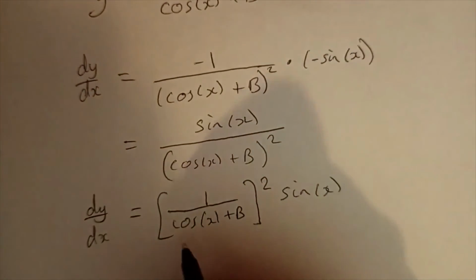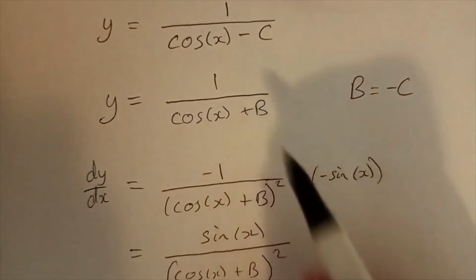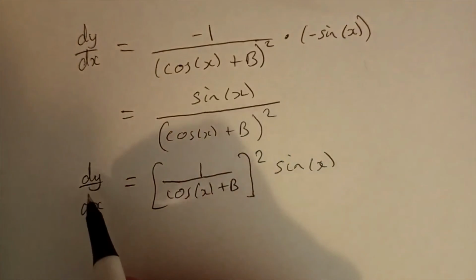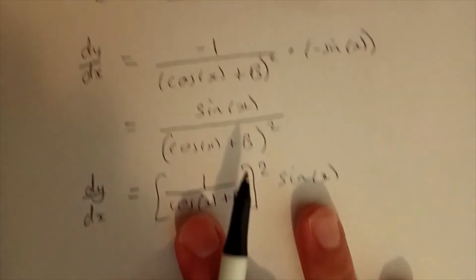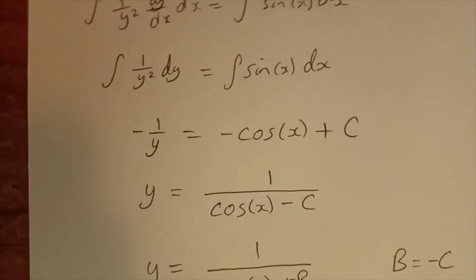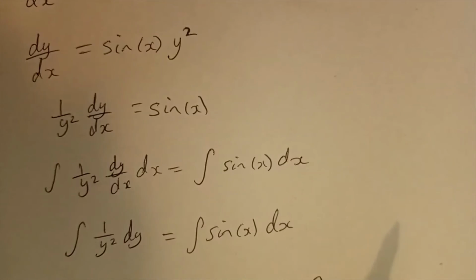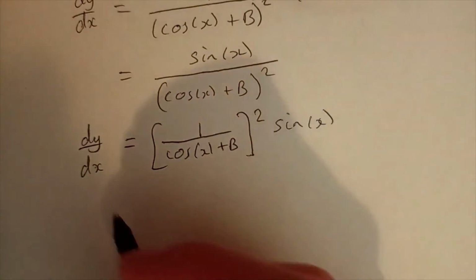Now we can see that this here, 1 over cos of x plus b, is y. And so the derivative is that expression squared times sine of x. But our differential equation originally was indeed sine of x times y squared, which is what we have down here.